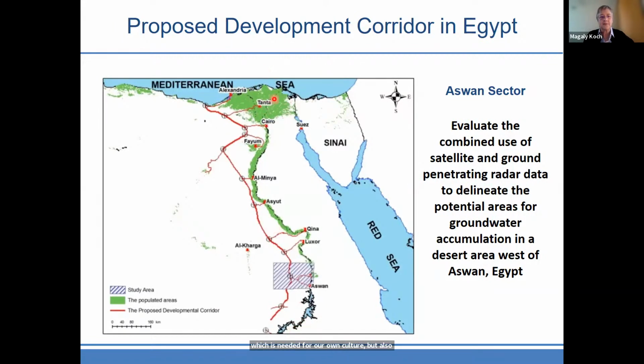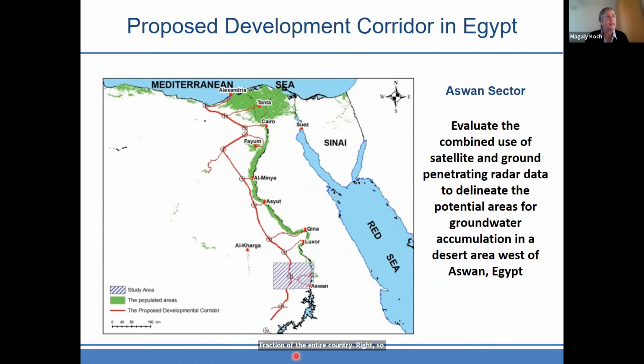And also the deltas area and so on, and some parts along the coast. But this Nile Valley and the fertile soil and the surface water resources are only making up a fraction of the entire country, right?